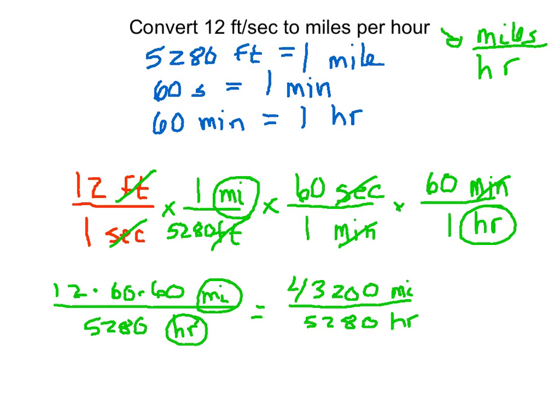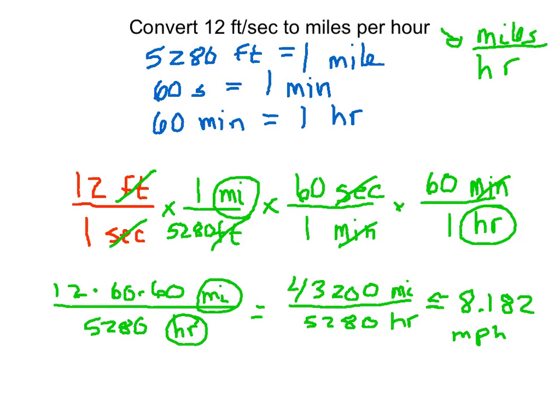We want to simplify this, right? We want to know the exact speed. So when we divide 43,200 by 5,280, we're going to get approximately, it's not quite correct, but it's about 8.182. It's around there to the thousandths place. And this is miles per hour.